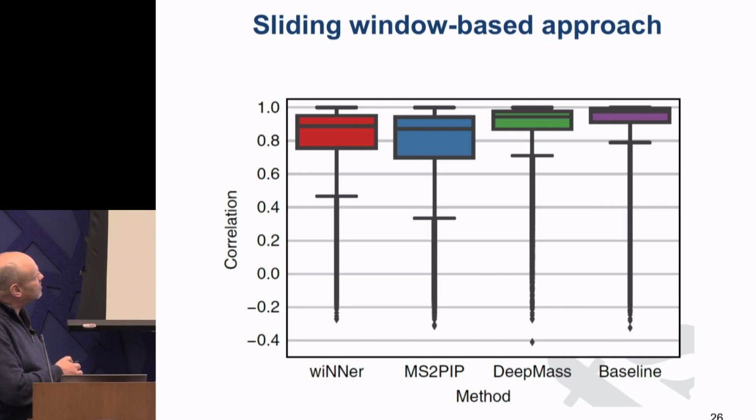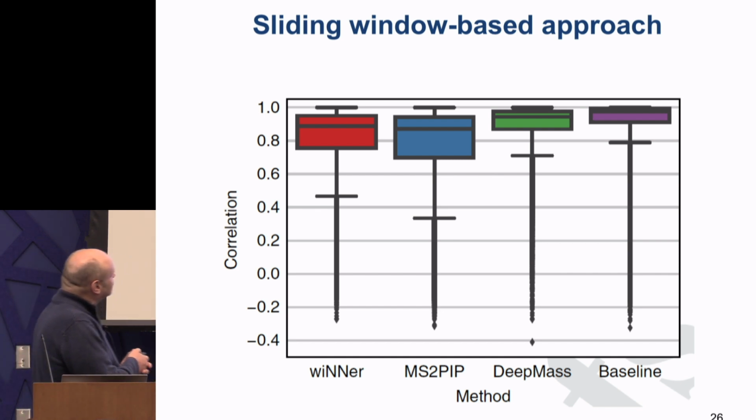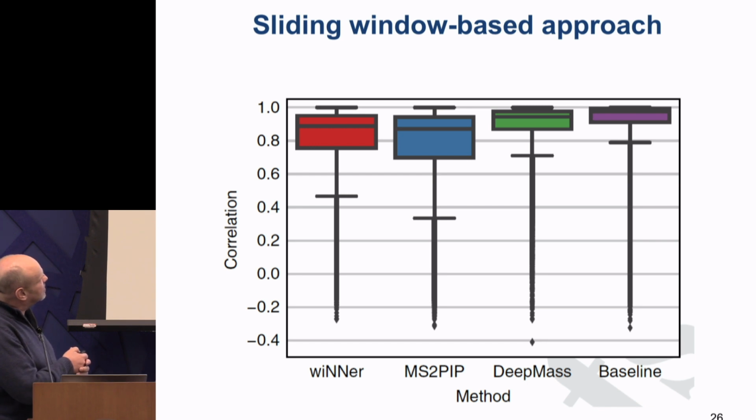So what do we get in terms of performance? These are the things that we saw before. This is now the new method, and we call it WINNER, even though it's not really winning. It's a window-based neural network that is easily retrainable, so that's why it's WINNER. You see it's still better than MS2PIP.